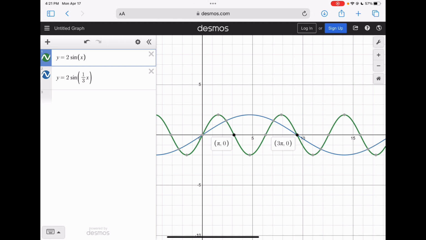It's the second midline point, or second x-intercept, of the sine cycle. Another pair of points that changes is pi over 2, and it gets stretched over to the new maximum, 3 pi over 2 for the x coordinate. So we're taking pi over 2 and multiplying it by the scale factor 3 to get that stretched out maximum on that blue line.